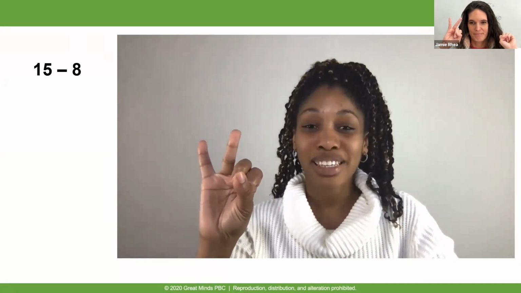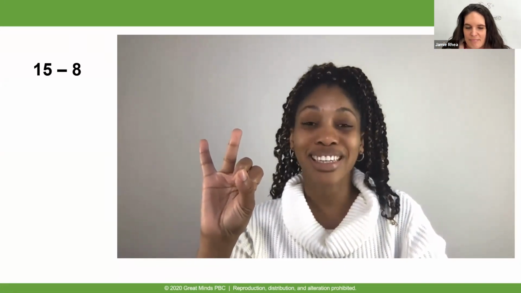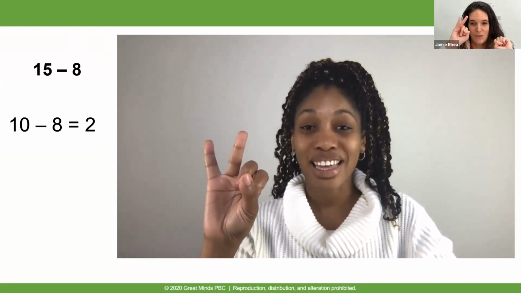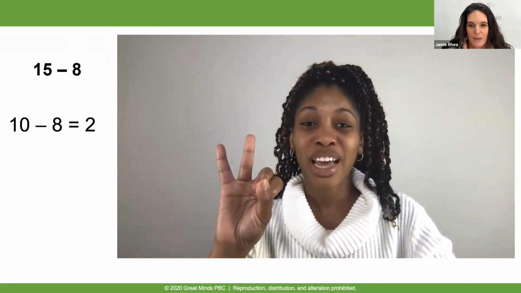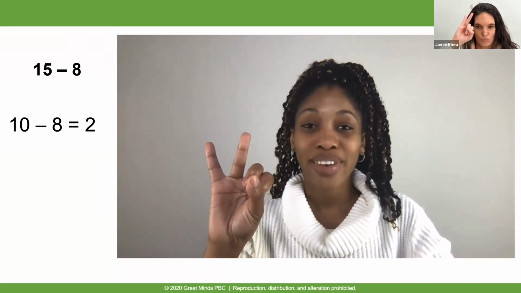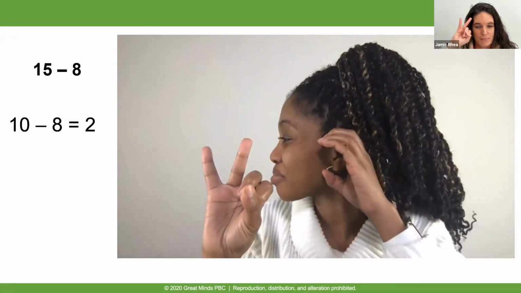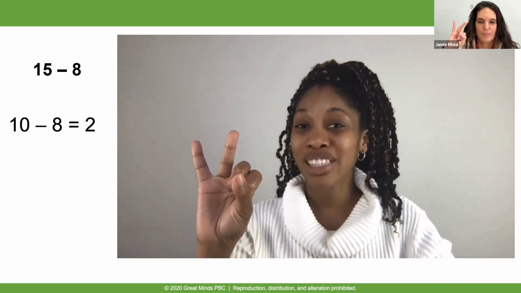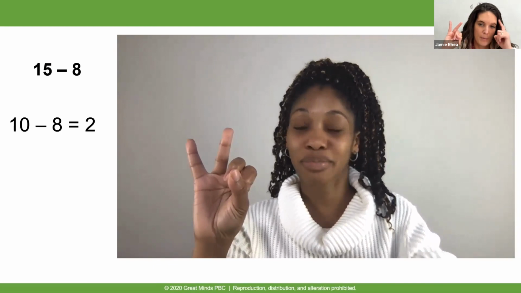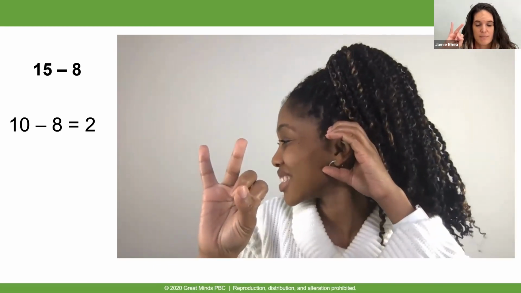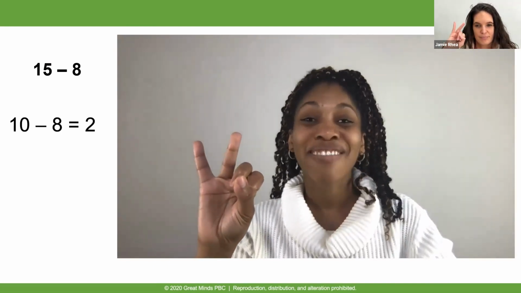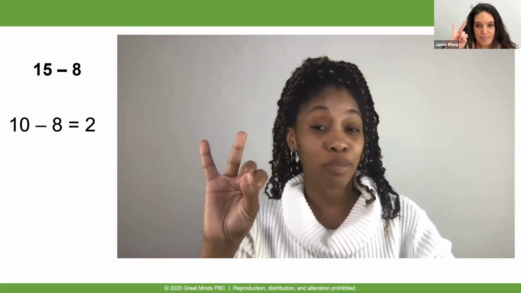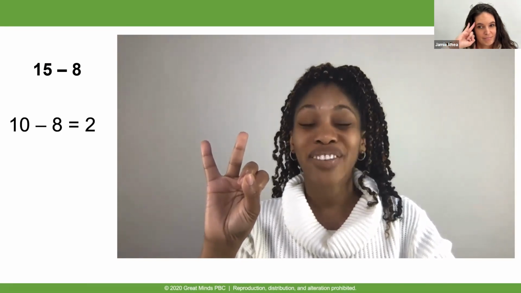Let's make a number sentence to show what we just did. We said 10 minus 8 equals 2. How many fingers do we have up? We only have 2 up. Yes, 2. And how many pretend fingers do we have up? Remember, I had 5 pretend fingers in my head. Got it. 5. So how many fingers, including pretend fingers, do we have all together?